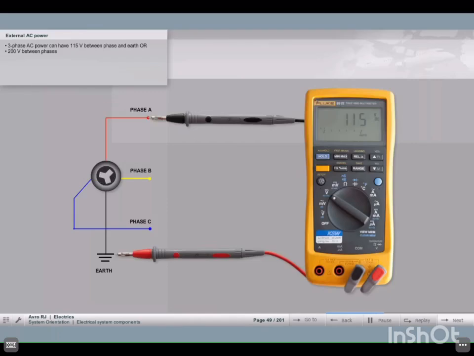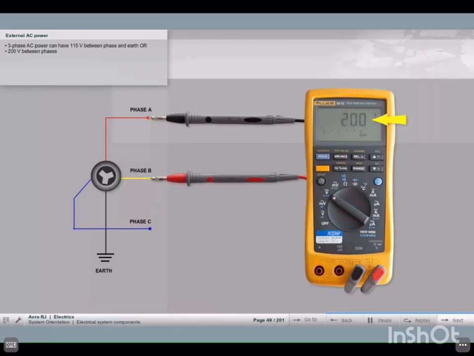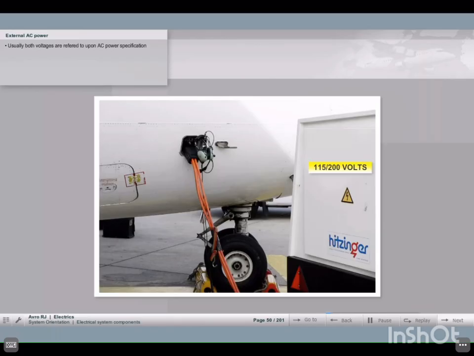voltage of 115 measured between a phase and earth, or 200 volts measured between phases. When specifying a three-phase AC power supply, usually both voltages are referred to.